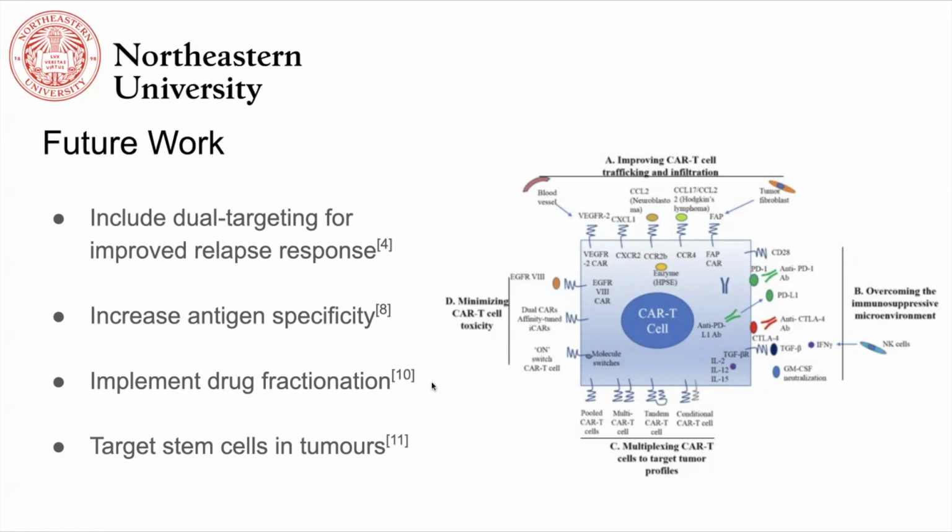It is also possible to implement drug fractionation, which is administering the same dose but in smaller quantities distributed over time. And this has been shown to be effective for solid tumors with small molecules, but a similar study hasn't really been done for CAR T cells. And lastly, it is possible to change the targets of the CAR T cells such that they target the stem cells in tumors rather than just targeting a generic tumor antigen.